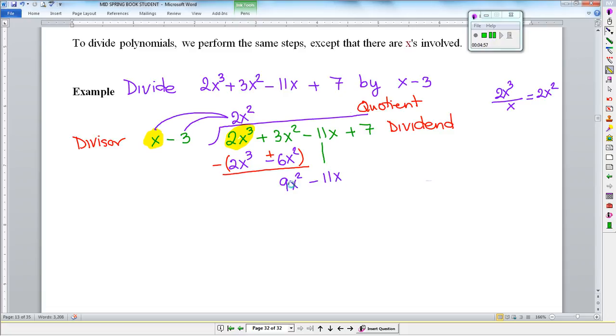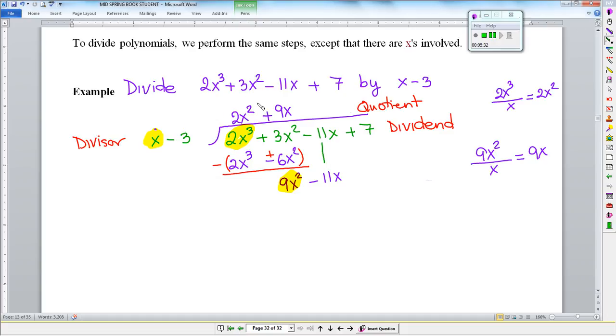Again, do exactly the same process. You take the first term of the dividend, in this case 9x squared, and divide by the first term of your divisor, still x. That gives you 9x, and you write it in our quotient as the second term. Now you distribute the 9x to each term in your divisor.